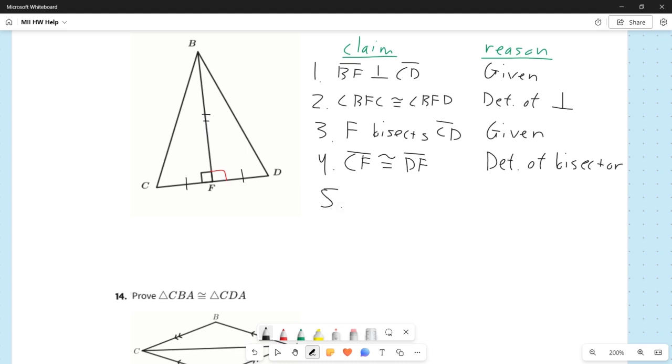One of the simplest things to understand in arguably all of geometry is that anything is congruent to itself. So side BF, unsurprisingly, is congruent to side BF. It's the same thing. Except in this context, on the left, BF is a side of the left triangle, and on the right, BF is a side of the right triangle. And the name of this property in mathematics is called the reflexive property.